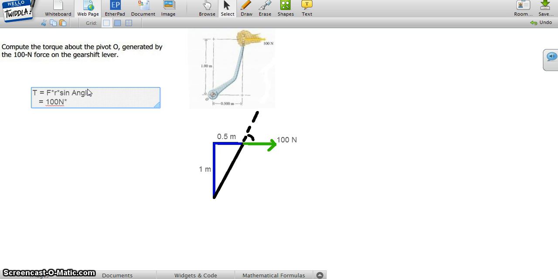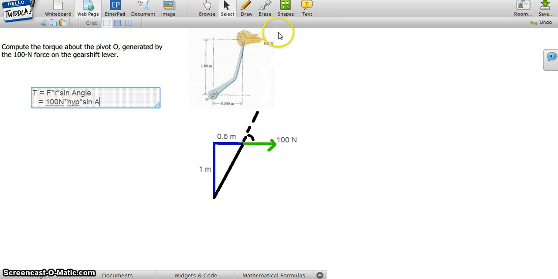Okay, that distance away, I'm just going to call it the hypotenuse for now, times the sine of the angle.